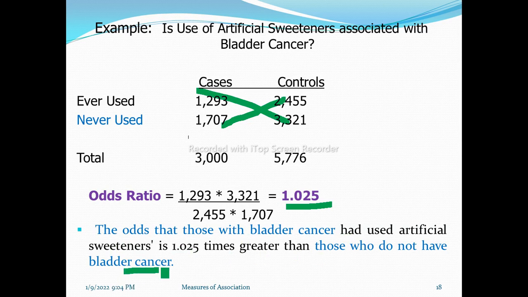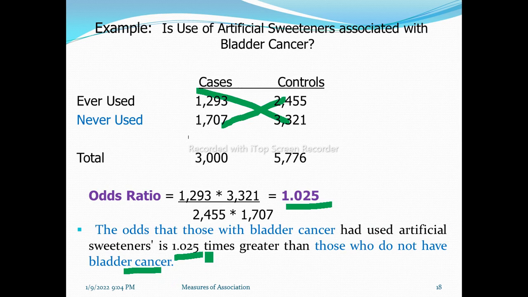That means as we compared in contrast those with bladder cancer and those with no bladder cancer, individuals who have used artificial sweeteners is greater by 2.05 to 5 in those who have bladder cancer. So this is the odds ratio. So the strength of it shows the strength of association.